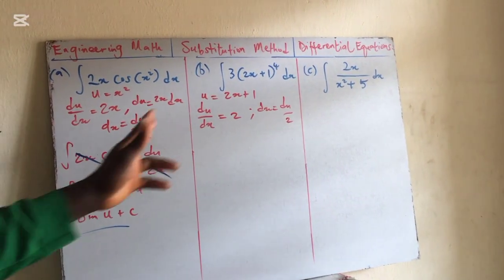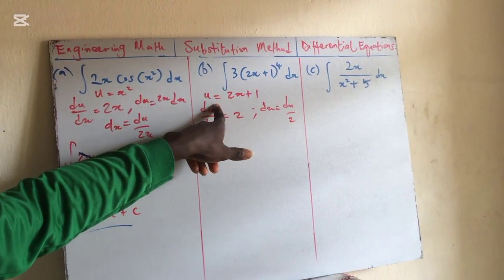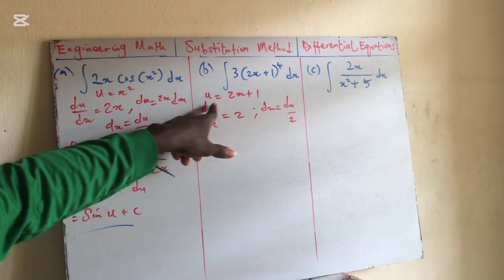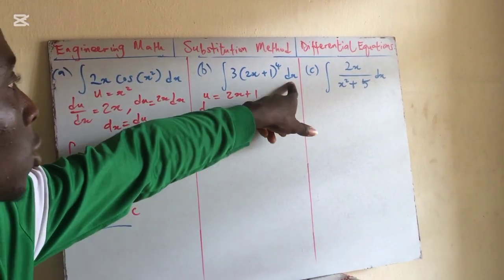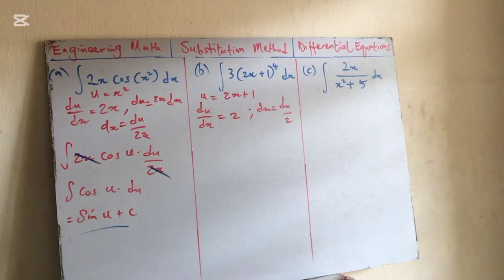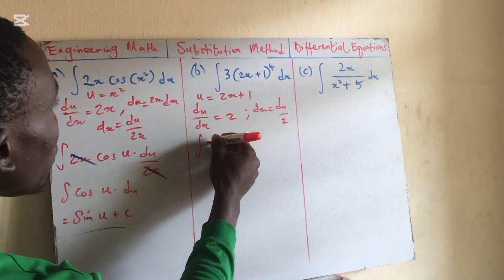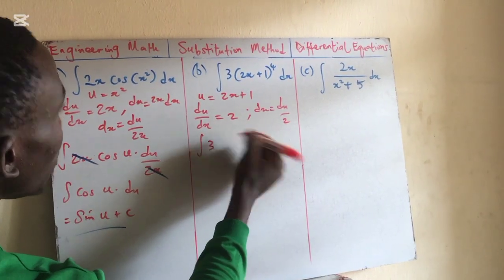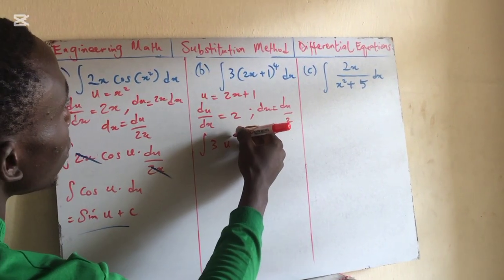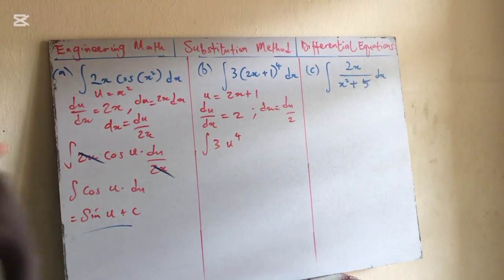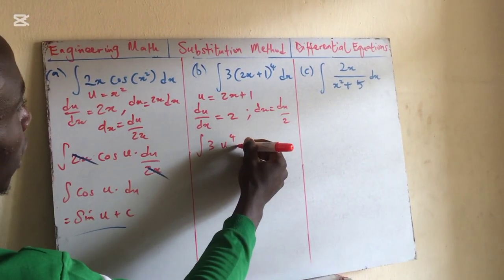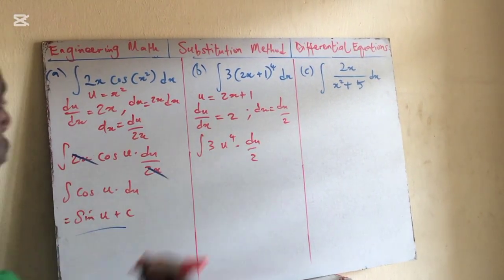Now we are rewriting the equation. This 2x plus 1 will be represented by u, and our dx also will be represented by this. So we're going to be having the integration of 3 into brackets, or let me just put u since it's a single variable, then our dx, we are not forgetting our dx, du over 2.